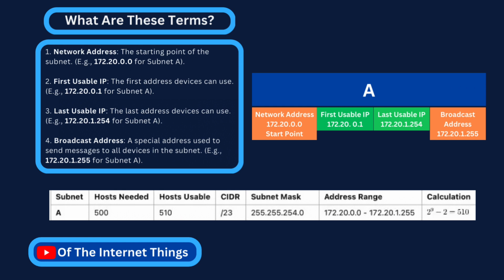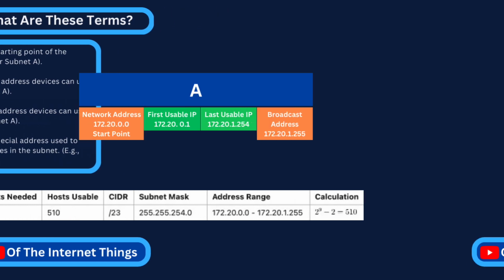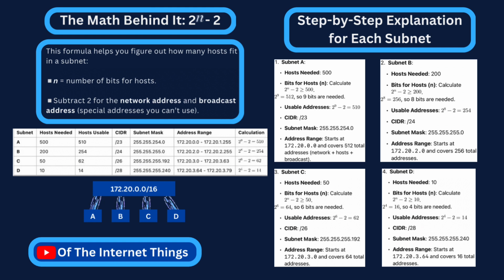Last usable IP, the last address devices can use, e.g. 172.20.1.254 for subnet A. 4. Broadcast address, a special address used to send messages to all devices in the subnet, e.g. 172.20.1.255 for subnet A.